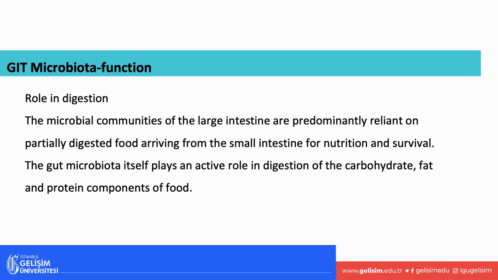They're able to break down complex molecules that our body cannot digest, such as dietary fibers, into much simpler compounds that our body can absorb and utilize. In addition to that, some gut bacteria produce enzymes that help in the digestion of certain food components, such as lactose in milk. So again, this is highlighting the importance of maintaining a healthy gut microbiota for proper digestion, as well as for overall health.